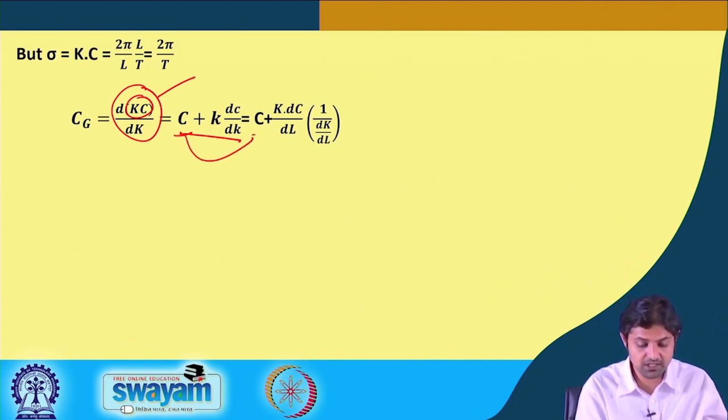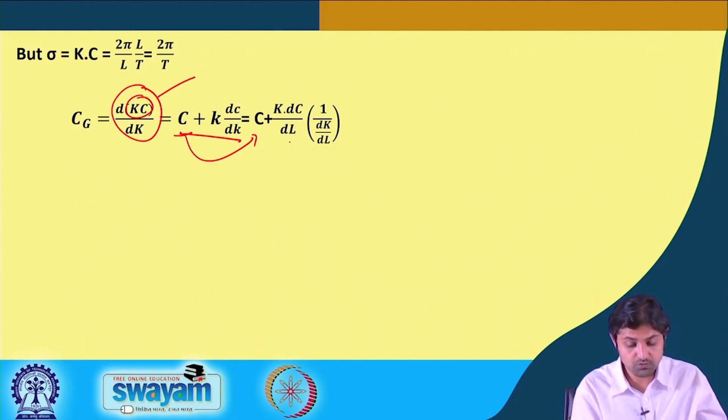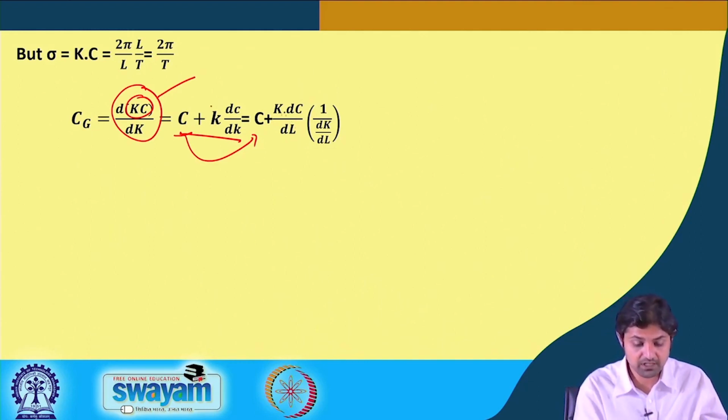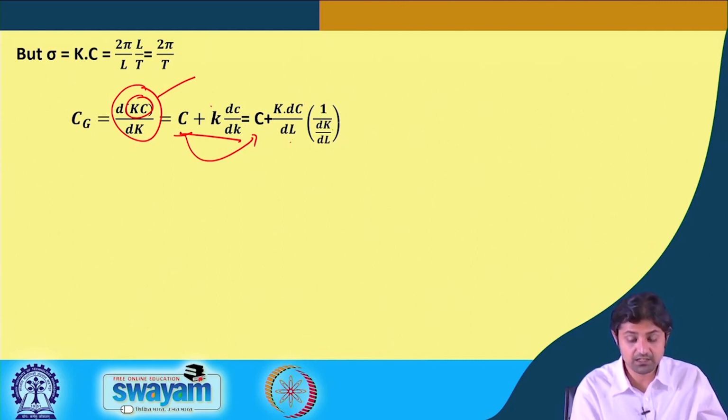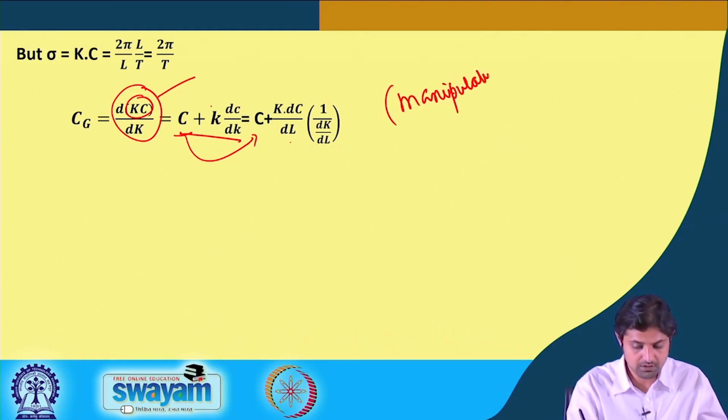C remains c here and k remains the same, and instead of dc by dk we write dc by dL into dL by dk. So, we are actually doing some manipulation here.